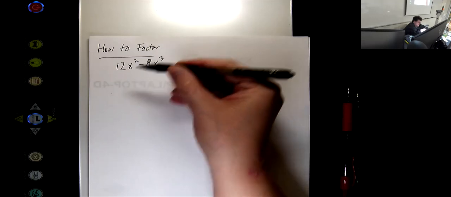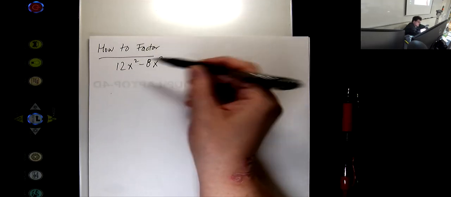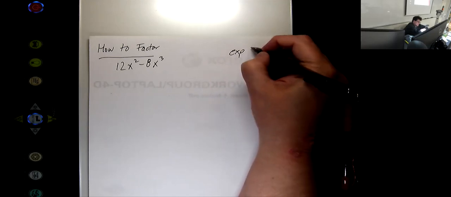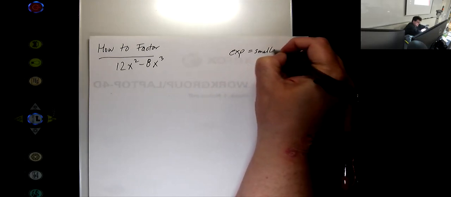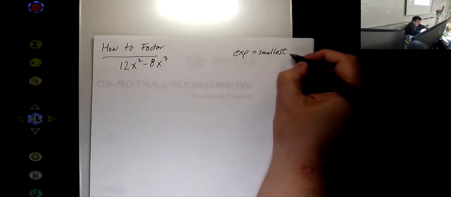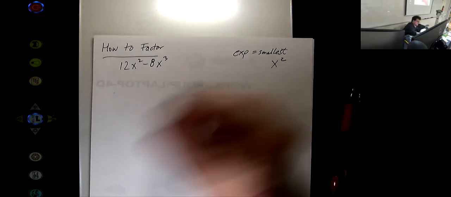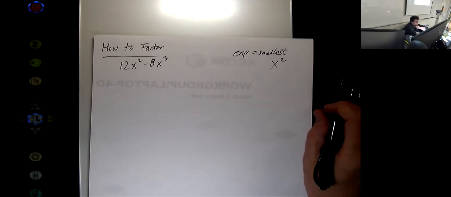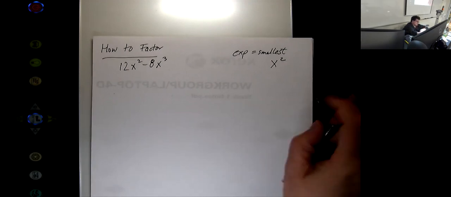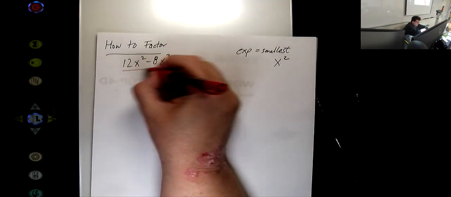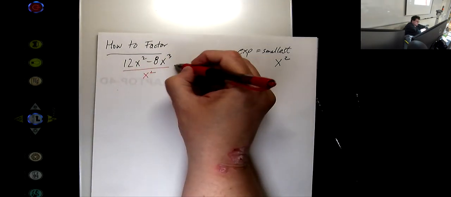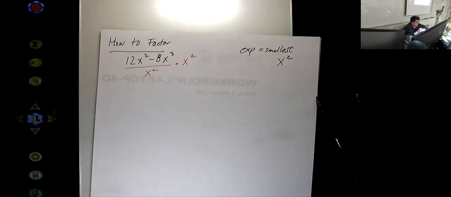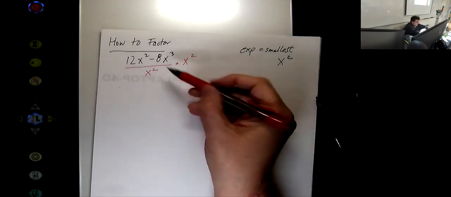So one way of looking at it is going, okay, what is the exponent with the smallest value? And it's the square. I have an x squared is the smallest one. What I'm going to do is divide this whole thing by x squared and multiply this whole thing by x squared. That kind of cancels out. But then we can do that subtraction thing.